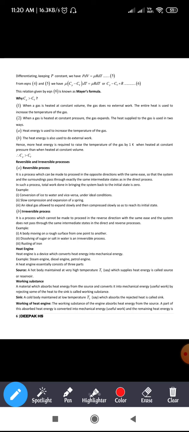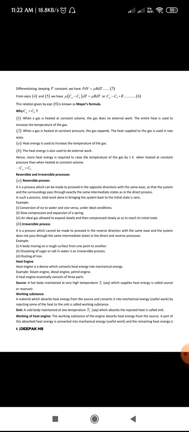Okay, fine. Next, coming to reversible and irreversible processes. Let us go through what we mean by them. Coming to the first, a reversible process, I'll read it out.